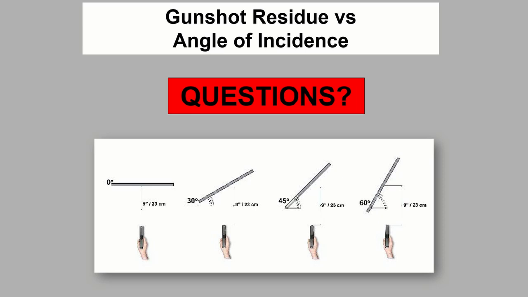Quick observation. I think when representing the angles, it's probably more appropriate to represent the angle between the target and the trajectory of the bullet, rather than between the target and the normal. So maybe in fitting your data, you might get an easier way of interpreting it if you just swap those angles around.